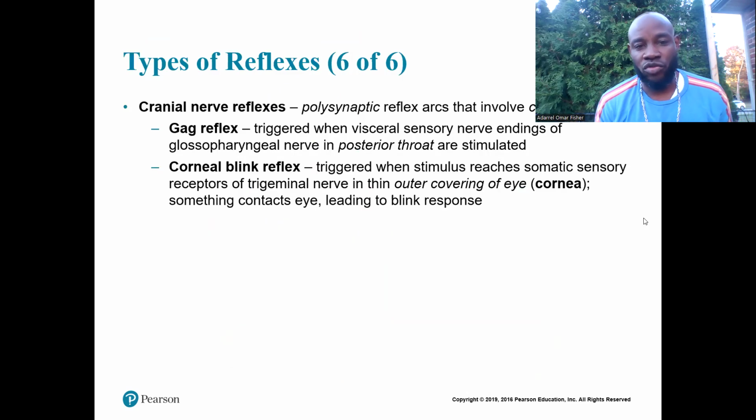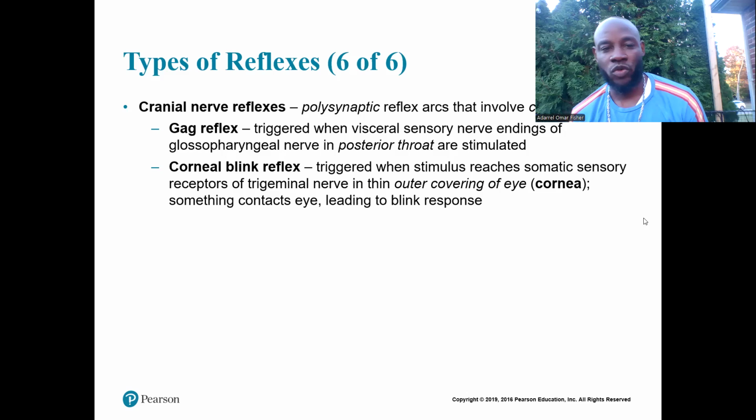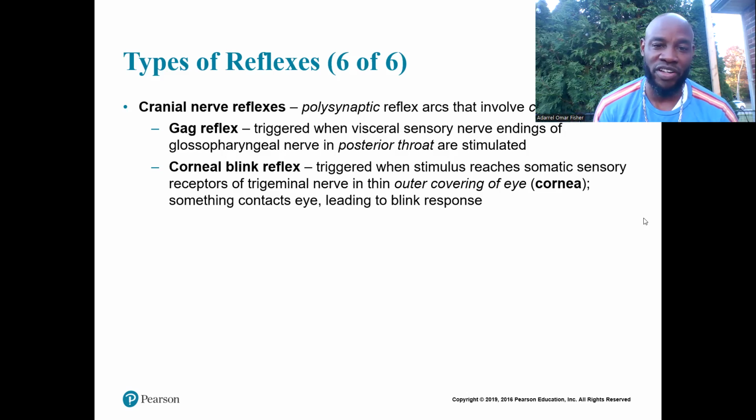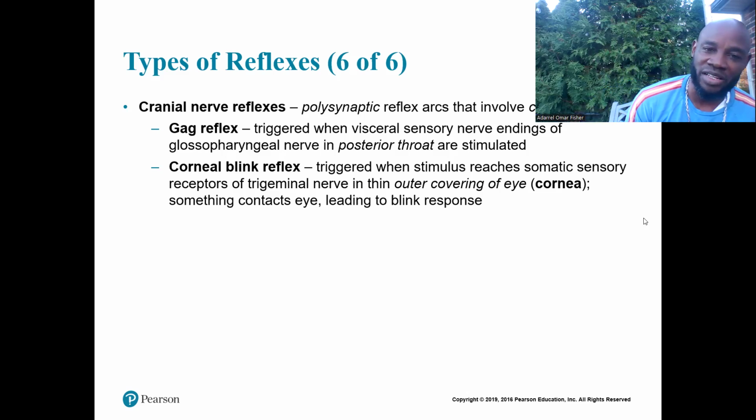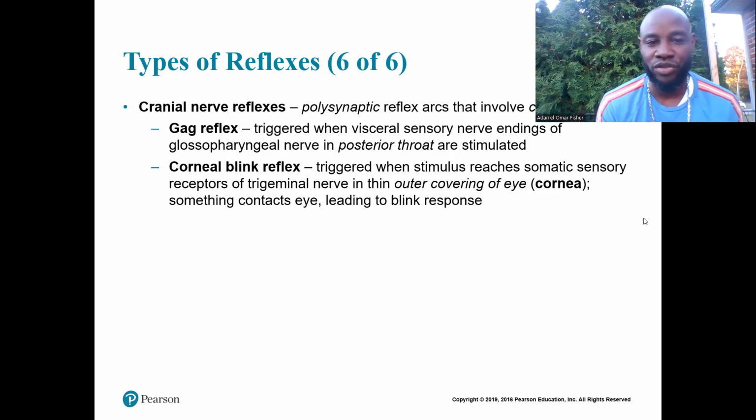There are also cranial nerve reflexes. I mentioned earlier the gag reflex. This is when the nerve endings of the glossopharyngeal nerve in the posterior throat are stimulated. If you try to stick your finger into the back of your mouth, you'll naturally gag. So you're stimulating the glossopharyngeal nerve.